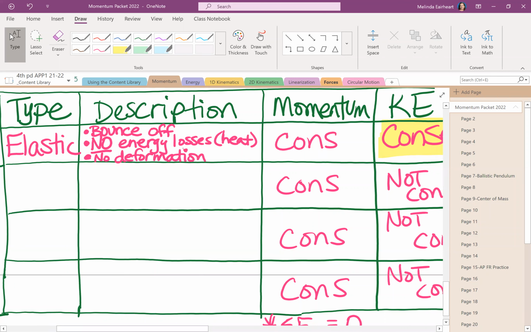So if we think about car wrecks on an everyday basis, unfortunately, when there's a car wreck, don't the cars deform? Yeah. And that deformation, although it's built in as a safety feature a lot of times, you'd rather the bumper buckle rather than you buckling.